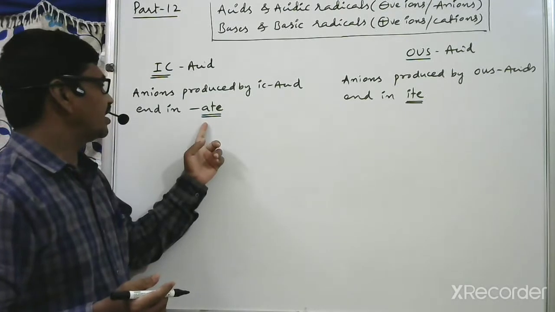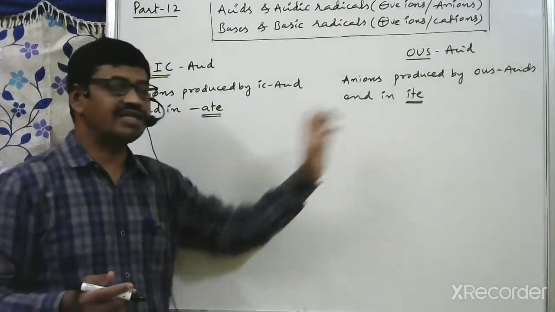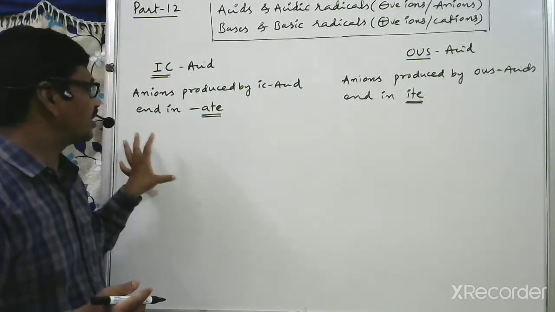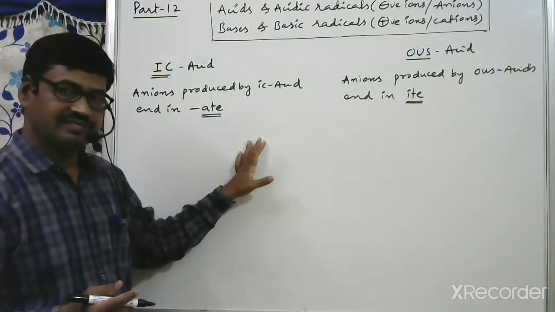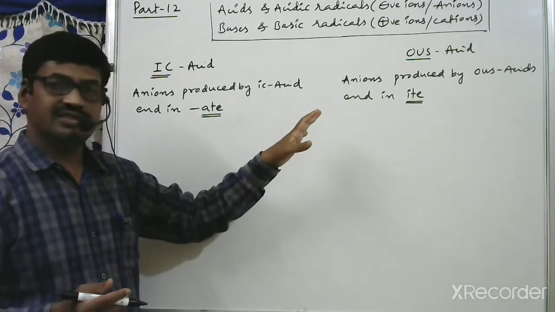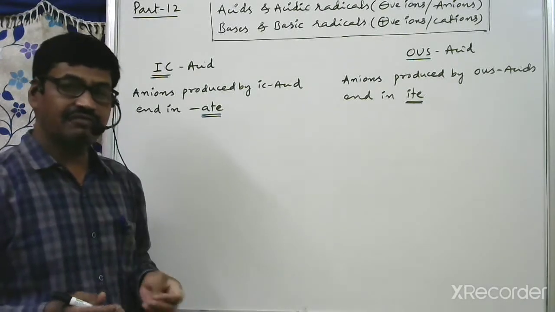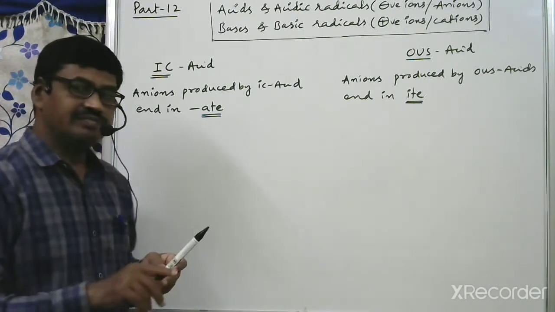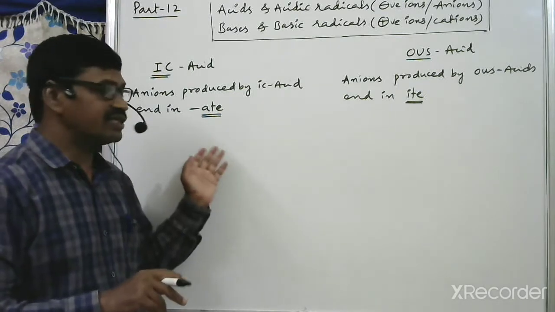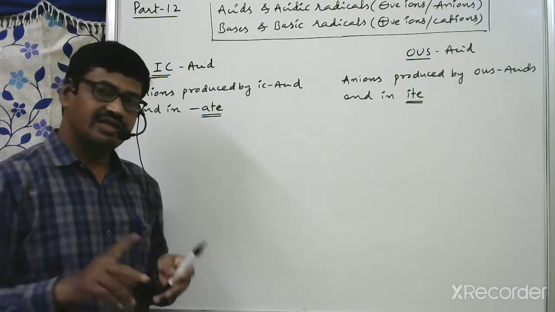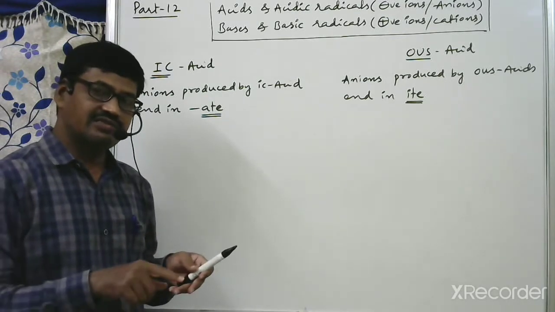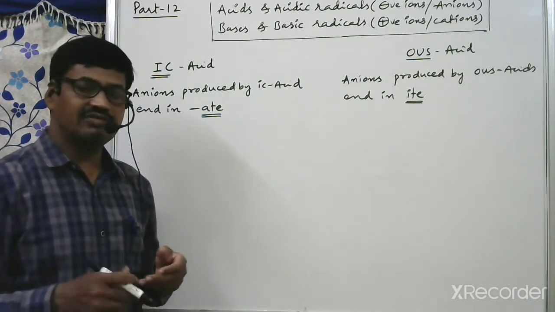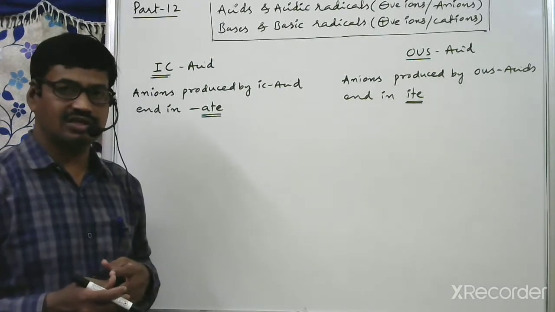Here ate. Here ite. See here, I am giving some examples of ic acids, their anions and their names, and ous acids, their anions and their names. If you know the anion names of ic acid and ous acid, we can combine these with a positive ion in the crisscross way and write the formula for the particular salt.